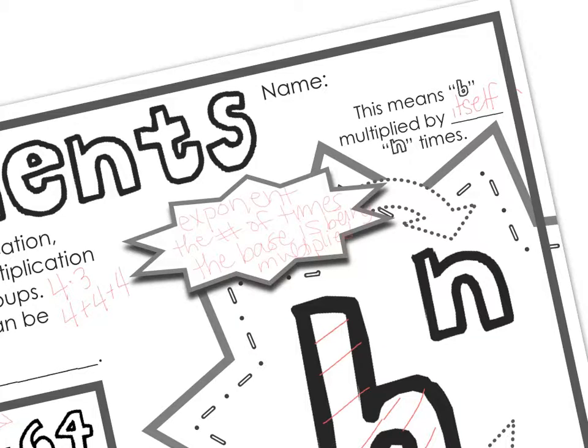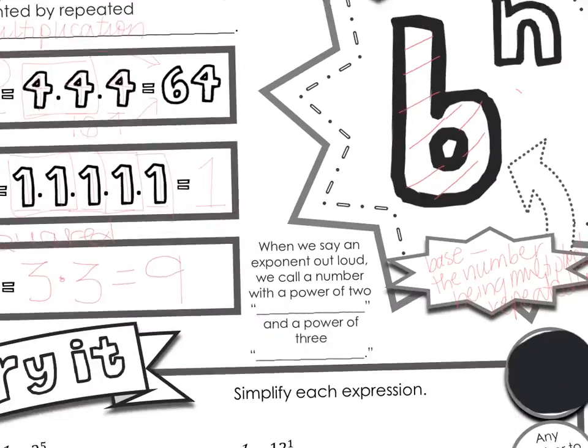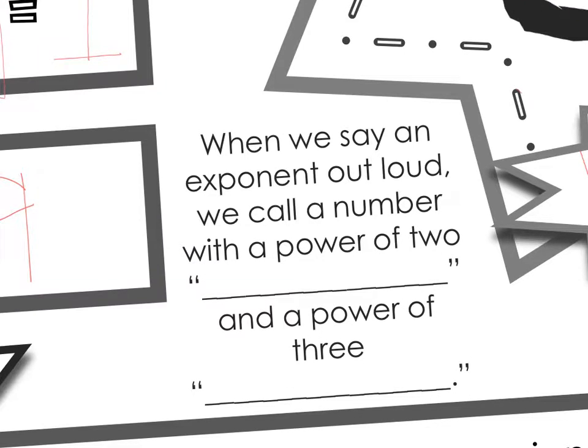So this means that b is being multiplied by itself n times. Okay? When we say an exponent out loud, we call a number with a power of 2 squared. And if it has a power of 3, we call it cubed.